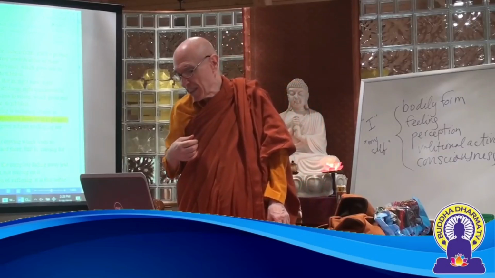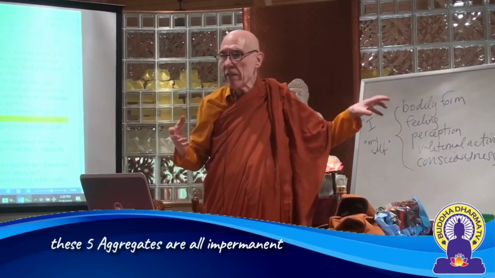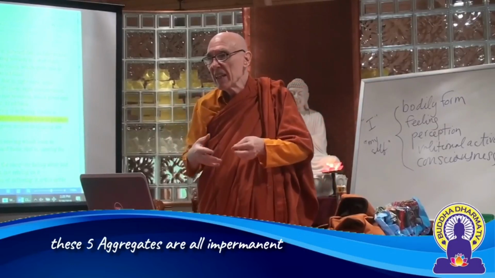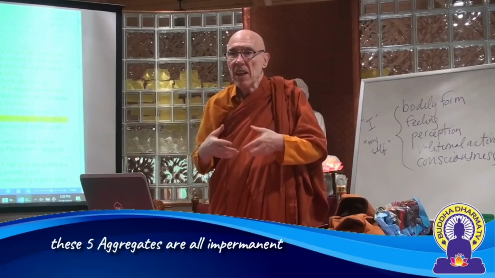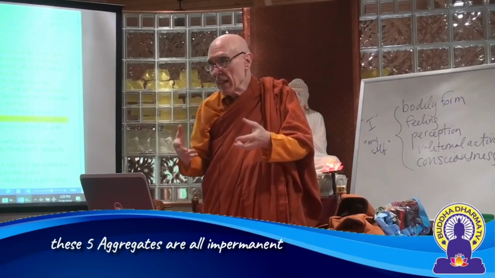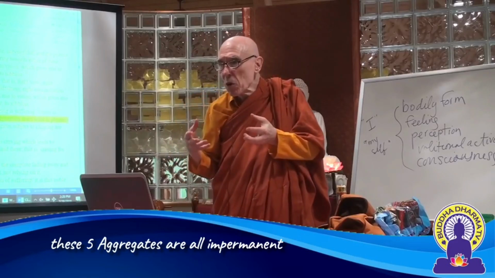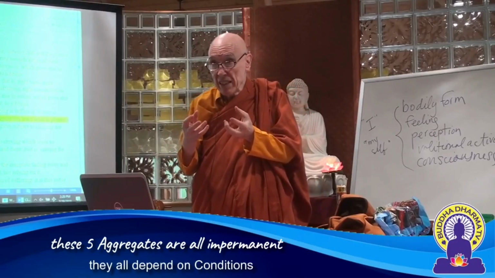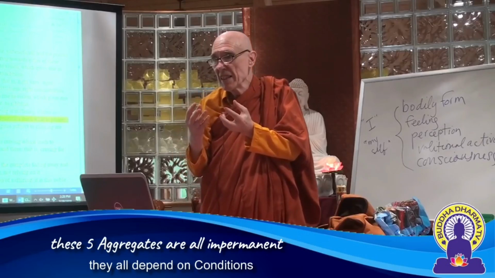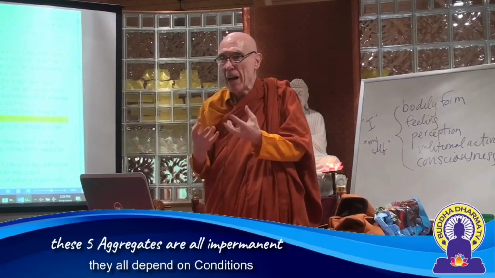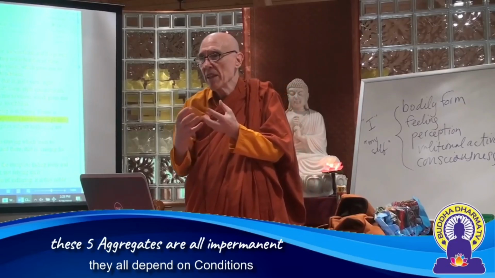But what the Buddha says is that these five factors are all impermanent in that they're always arising and passing away. They all depend upon conditions, and so there's nothing solid, substantial, and absolute in them.